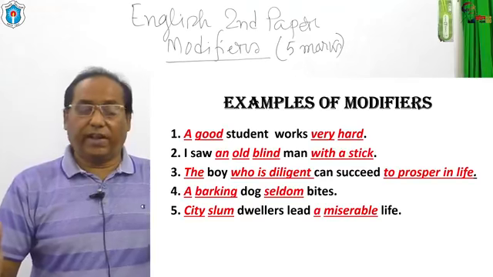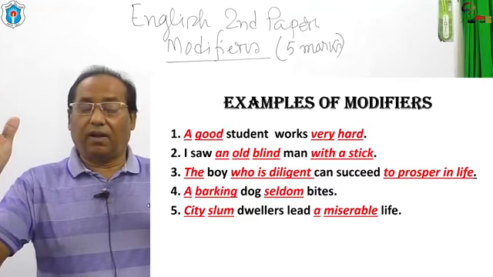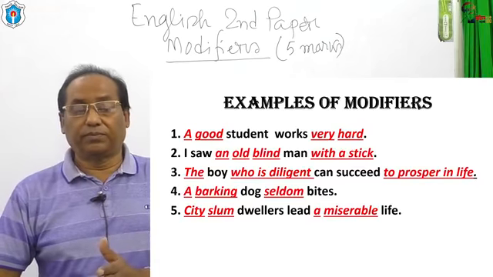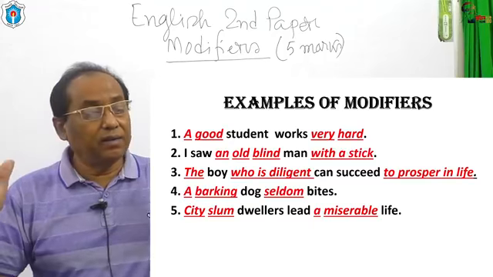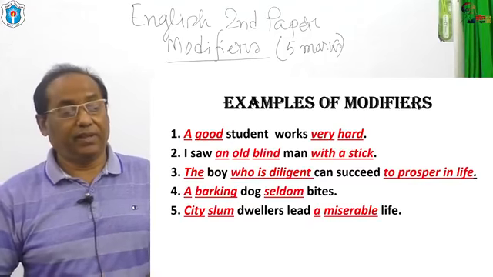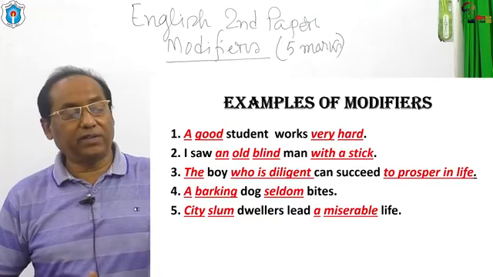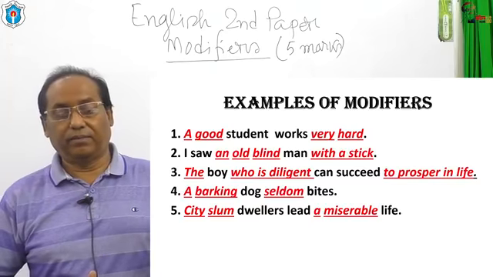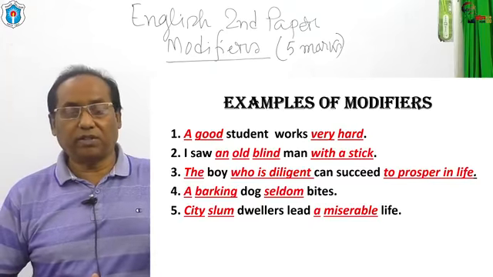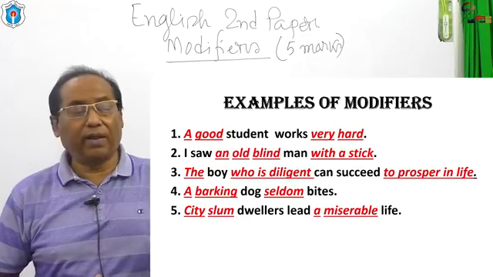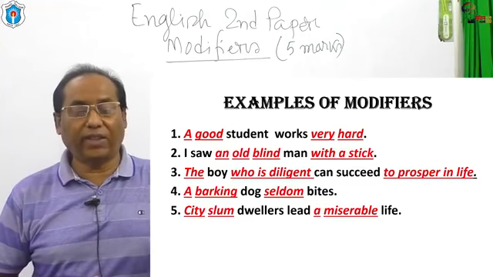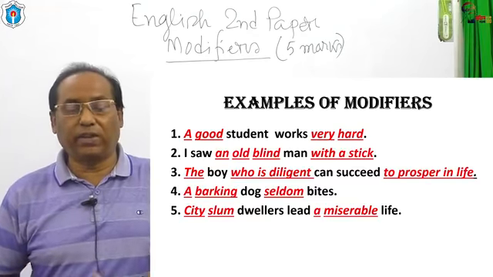I have mentioned that a phrase can also be a modifier. In this sentence, with a stick modifies man. Which man? What kind of man? That man who has a stick with him.